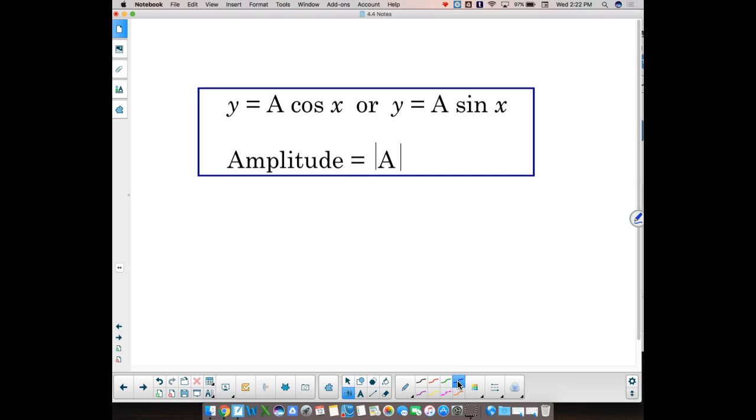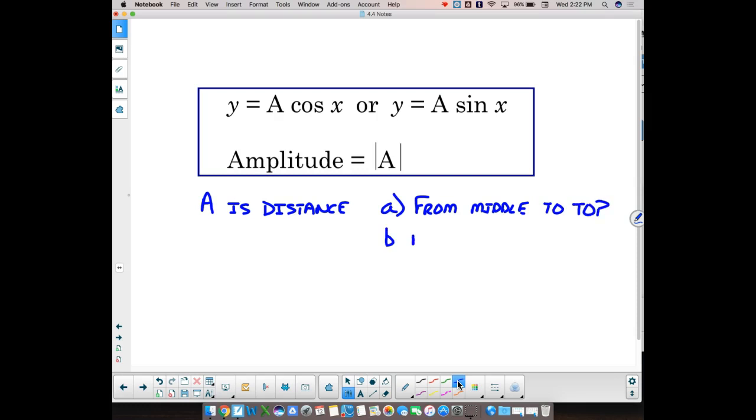And remember that the amplitude is the distance from the middle of your curve to the top and from the middle to the bottom.